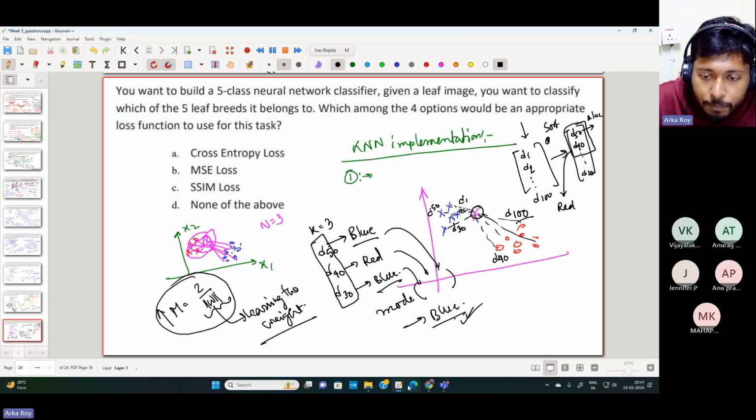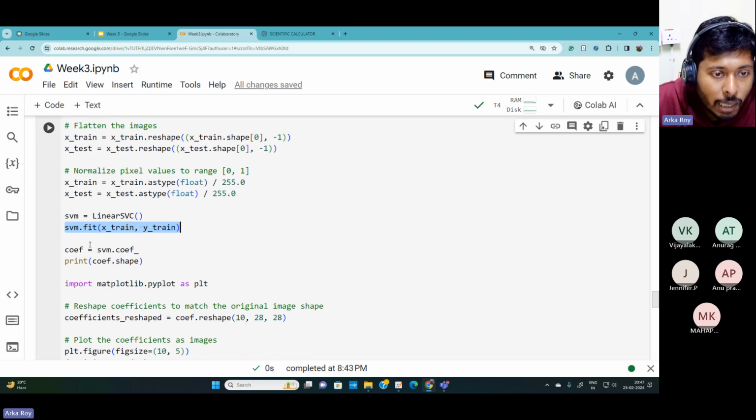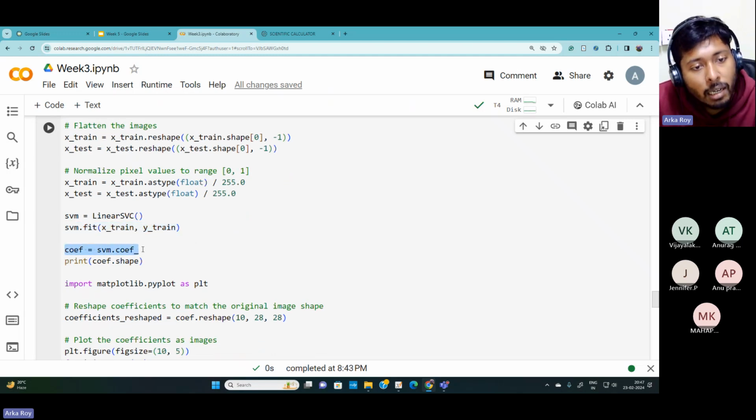So after training the whole model, I am extracting the learned weight values and storing them in coef, that means coefficient. If you write svm.coef, it will give you the weight values.